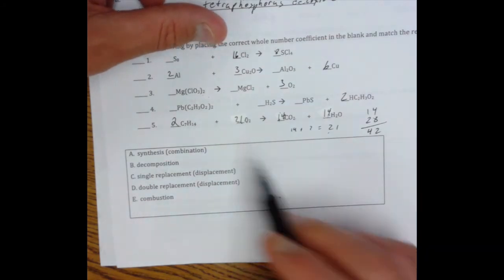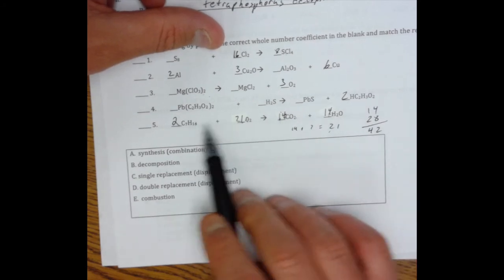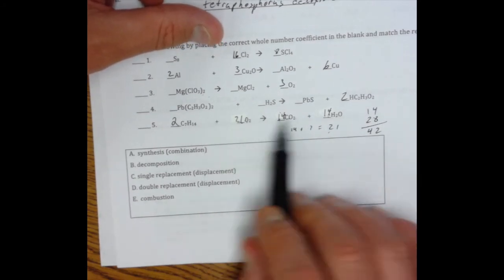It all works out, and this is the lowest. There is no greatest common factor that can reduce this.